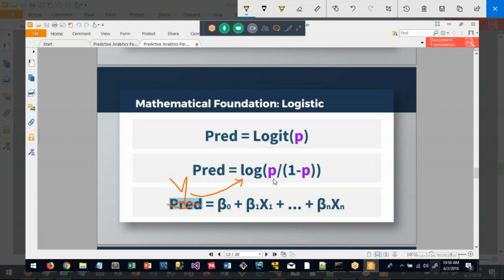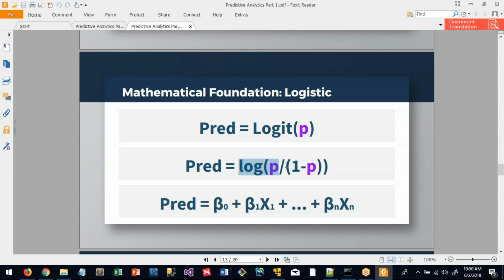Now, what does this log of p divided by 1 minus p actually mean? It means that whatever we are trying to predict here, whatever the outcome variable is, what is the probability that the outcome variable will be of one specific kind? That is all that we're trying to predict here.